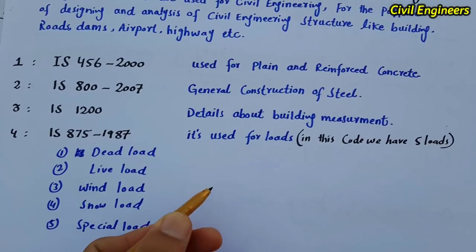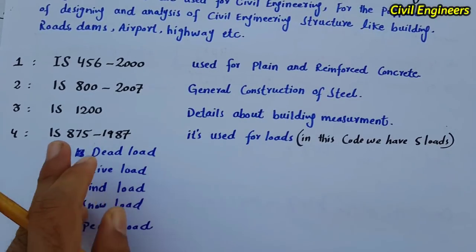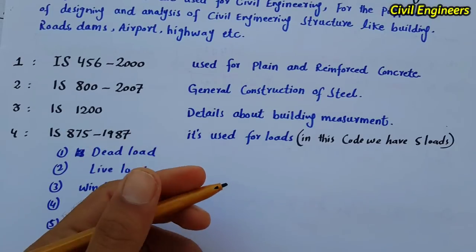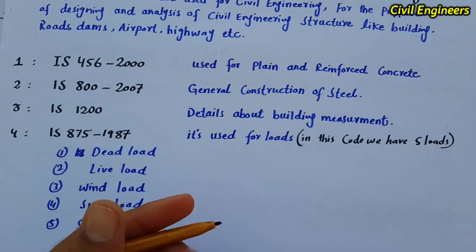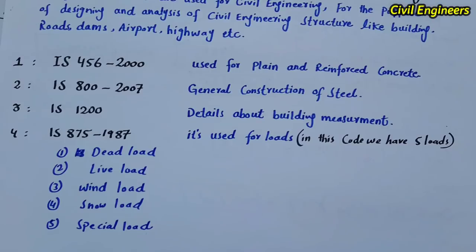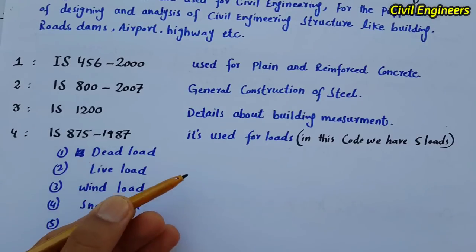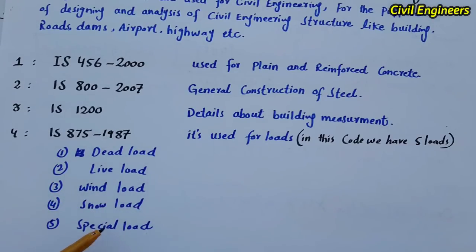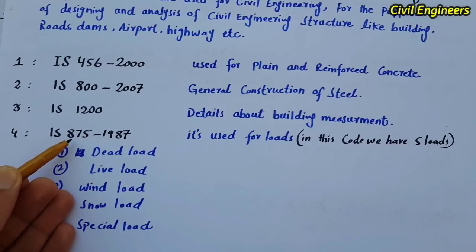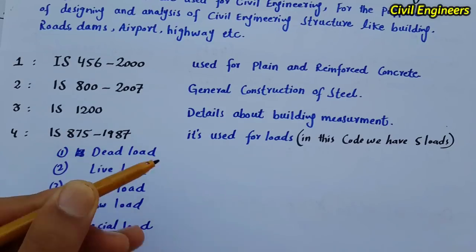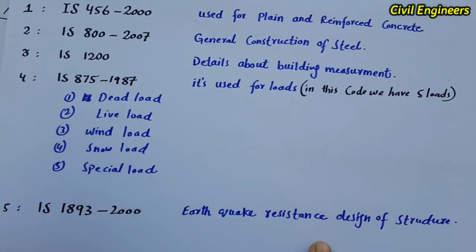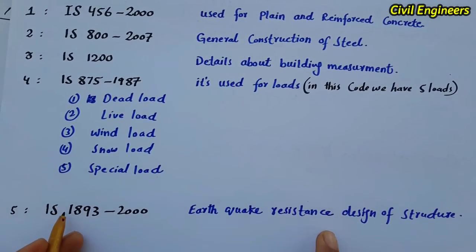But the earthquake load is not in this code. The earthquake load is in another IS code. So about dead load, live load, wind load, snow load, special load you can learn in IS 875-1987.